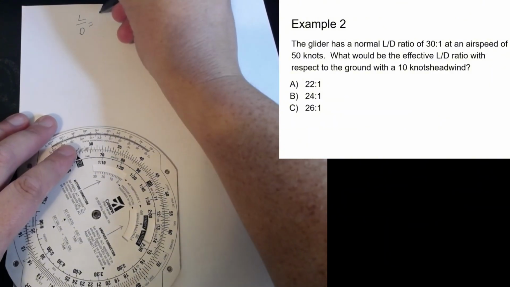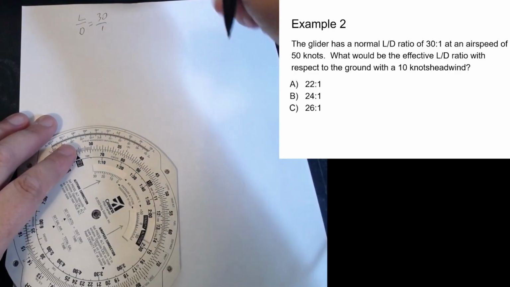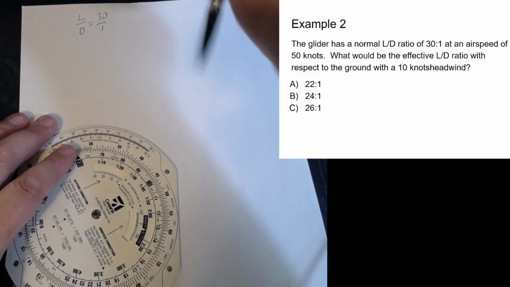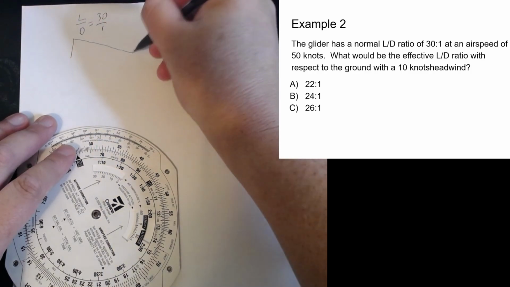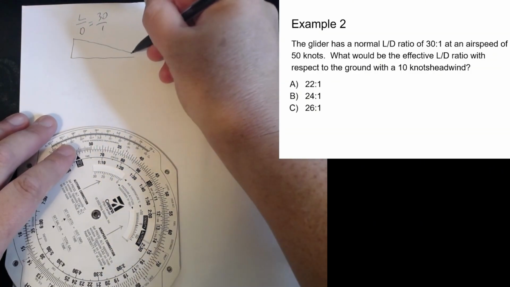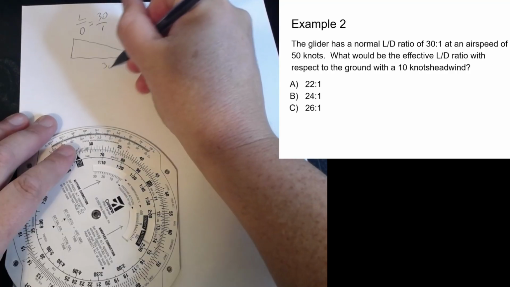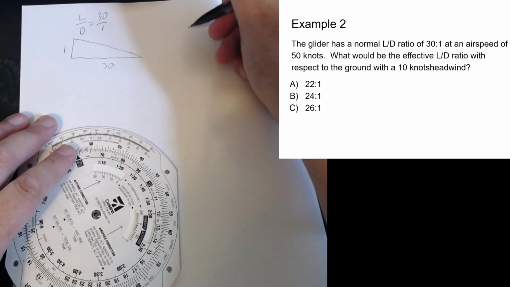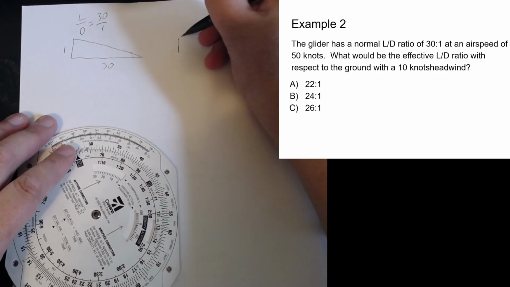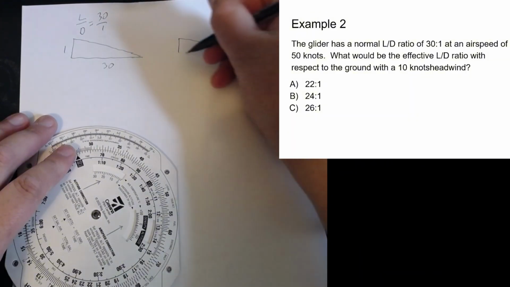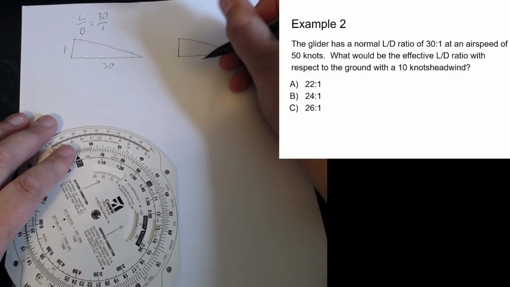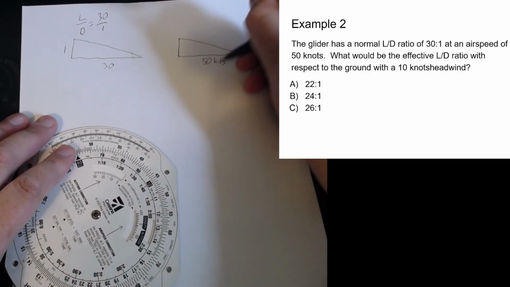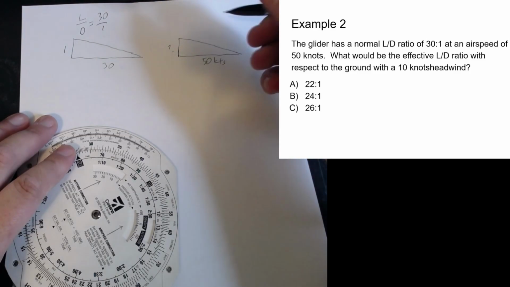L/D equals 30:1. Okay, let's draw the triangle. (30:1). Okay, and then we know that that 30:1 usually happens at an airspeed of 50 knots.